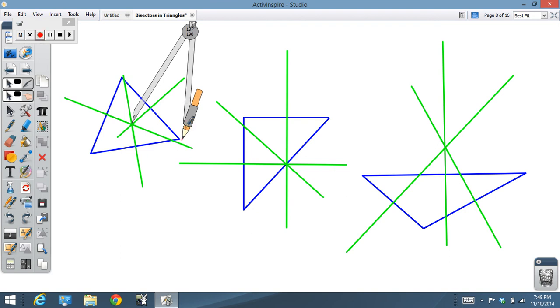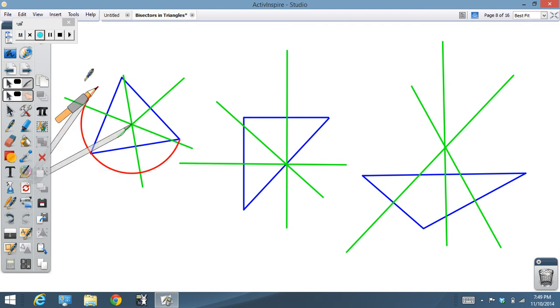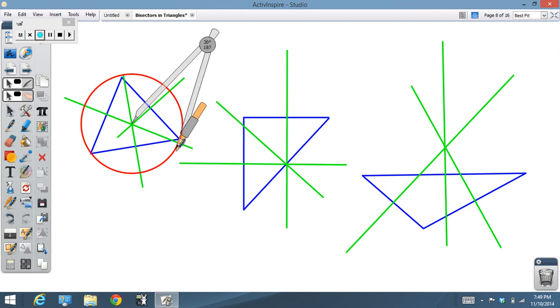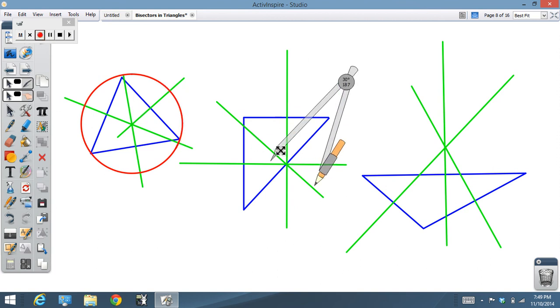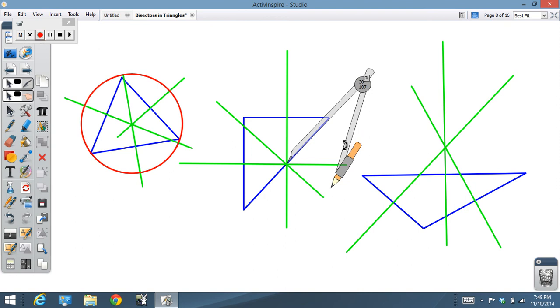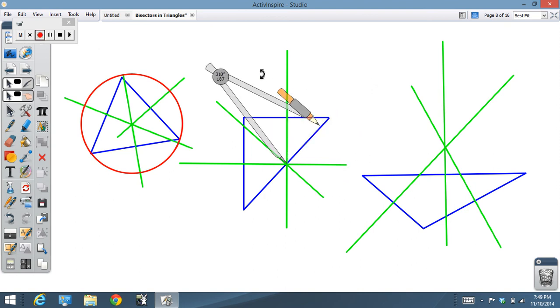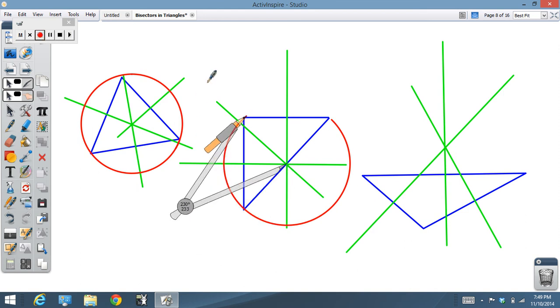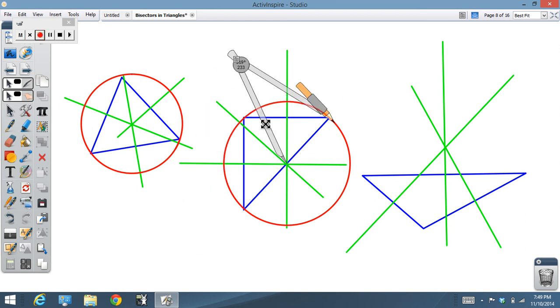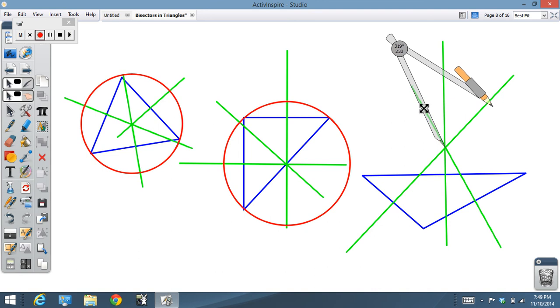We can still make a circumscribed circle, whether the circumcenter is in the circle or on the circle in the case of a right triangle, or whether the circumcenter is outside the triangle in the case of an obtuse triangle.